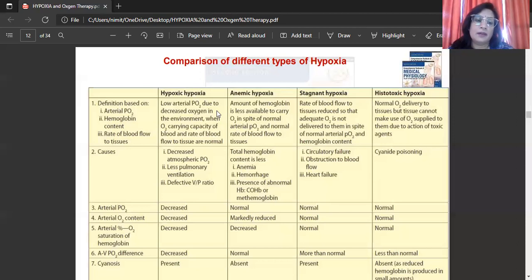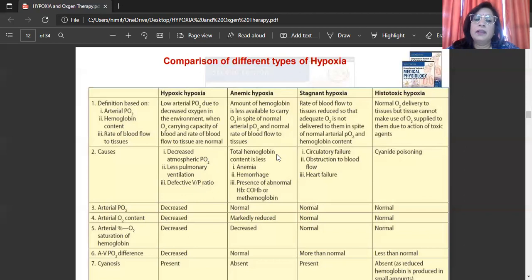Causes of hypoxic hypoxia: decreased atmospheric PO2, less pulmonary ventilation, and defective ventilation perfusion ratio. All these causes will lead to hypoxia.